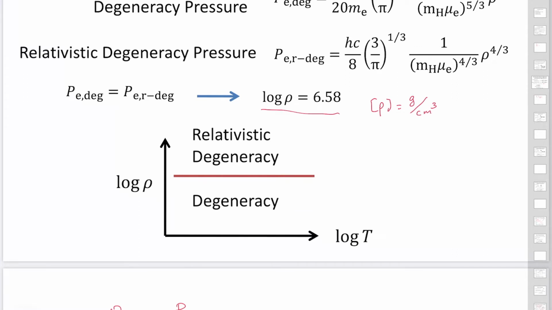Log density is 6.58. So if the density is larger than this value, we should use the relativistic degeneracy pressure instead of the degeneracy pressure. If the density is lower than this critical value, we should use the degeneracy pressure. Okay, by comparing the two pressures, we could find the boundary.